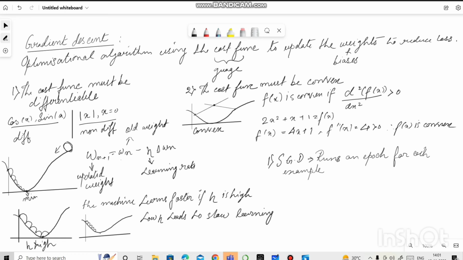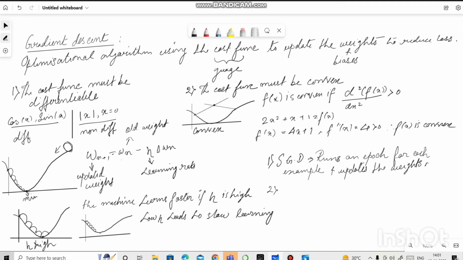SGD runs an epoch for each example and updates the weights. So it has a very less memory requirement because it is running an epoch for one example of the data set, then updating the weight for the next epoch itself.